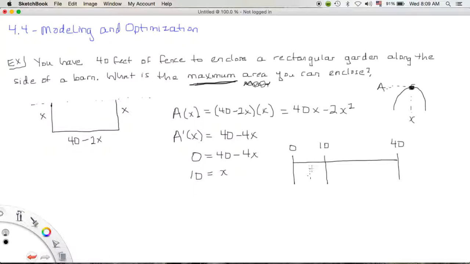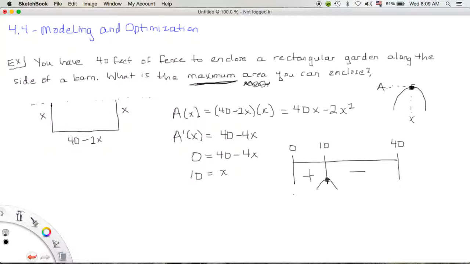So we look at this and we say, well, pick a number in here, say 5. Well, that's positive. And pick a number out here, say 20. That makes it negative. So that means we're increasing and then decreasing. So it is indeed a maximum. And these endpoints here, you can check. This one's obviously going to be a minimum point, and this one's going to be a minimum point as well, because it's increasing away from it, decreasing to it.